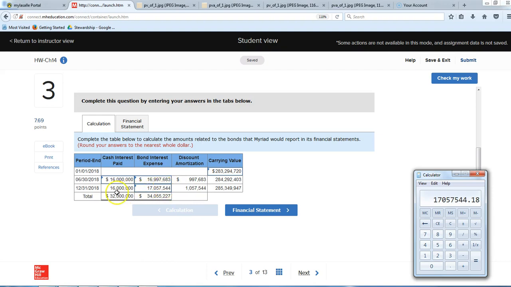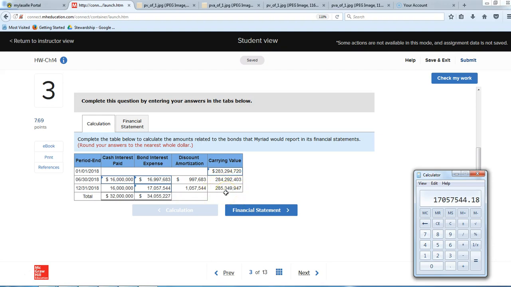So the difference between cash interest and bond effective interest is the discount being amortized.